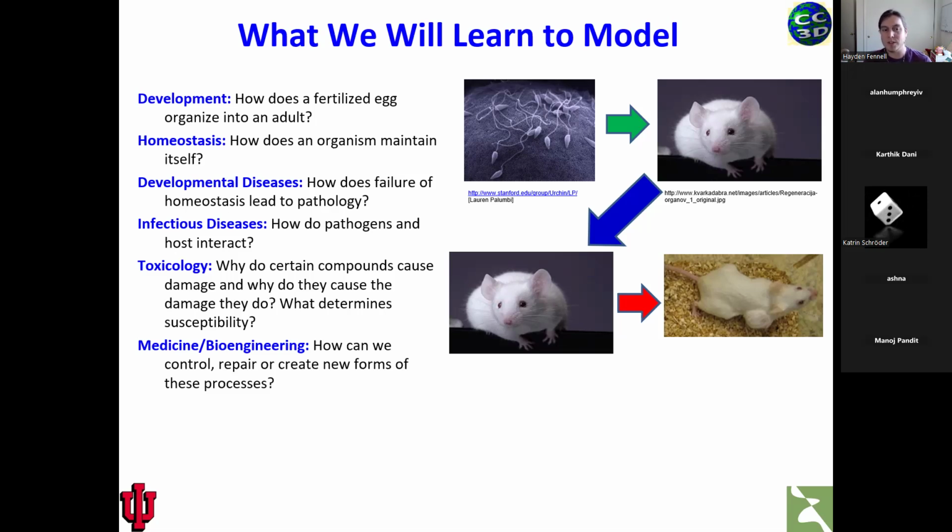And the larger goal of this is bringing some predictive power into medicine and bioengineering. So how can we control, repair, create new forms of the processes once we understand the mechanisms behind them, and how do we target medicine and treatment towards helping to alleviate or prevent those issues. One of the big motivations behind this, especially right now, is that this offers an alternative to animal testing.